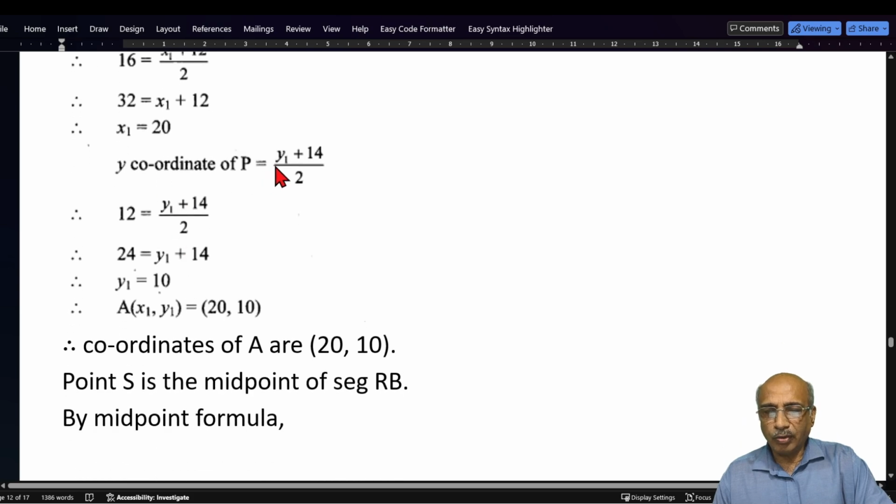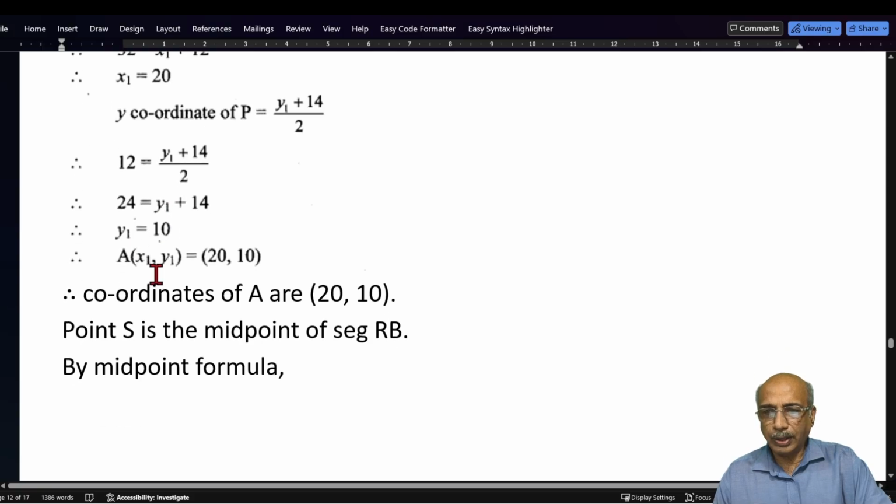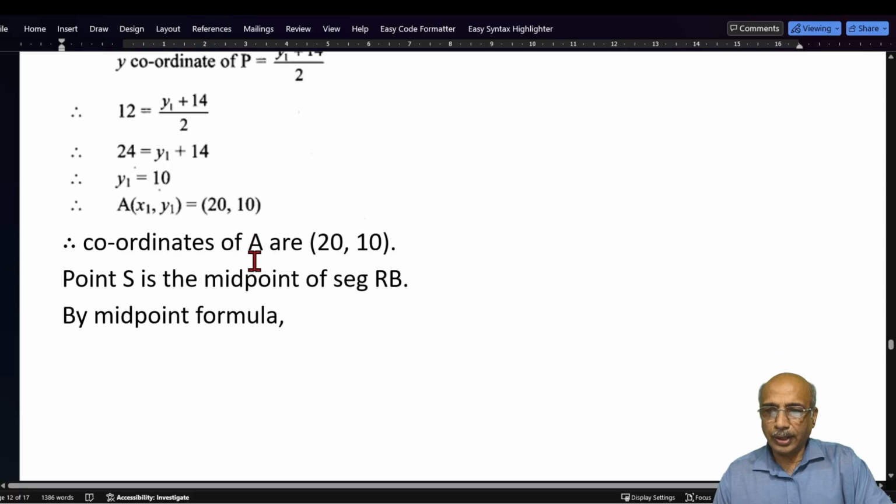Y coordinate of P equals y1 plus 14 upon 2, 12 equals y1 plus 14 upon 2, cross multiply, it will be 24 equals y1 plus 14, y1 equals 10. Therefore, coordinates of A, x1, y1, are 20 and 10.